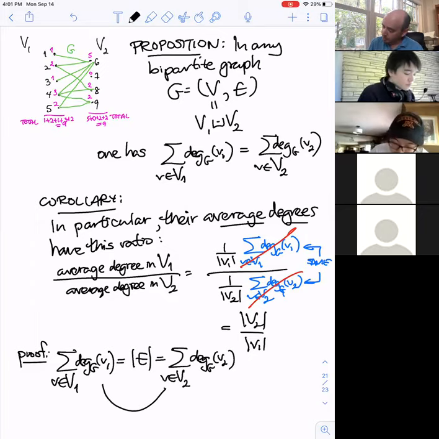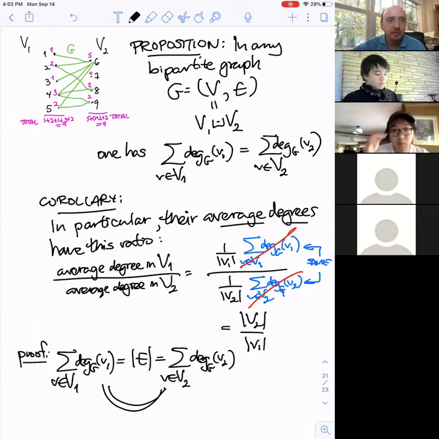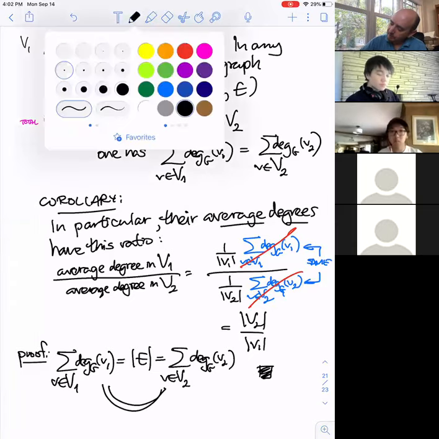We were just trying to show that these two things were equal. They're both just equal to the total number of edges, from counting in 2 ways. Everybody okay with this? Any questions? Okay, so I'm going to put a little end of proof symbol there. This thing has this corollary that we've put here.